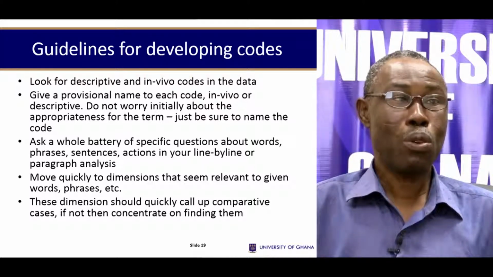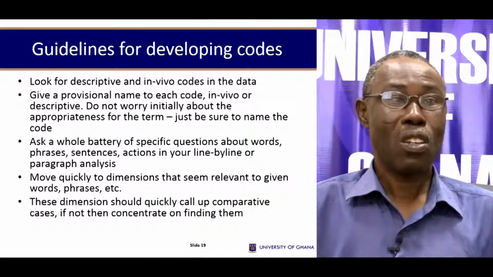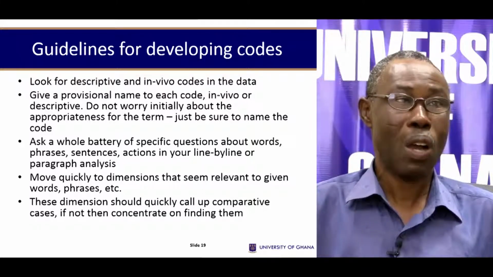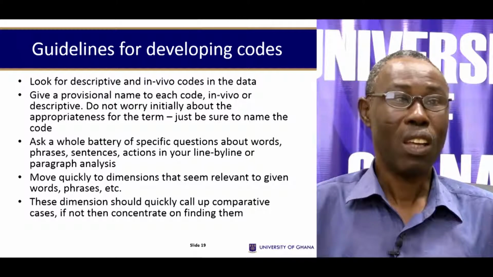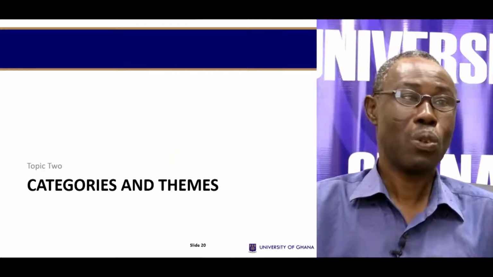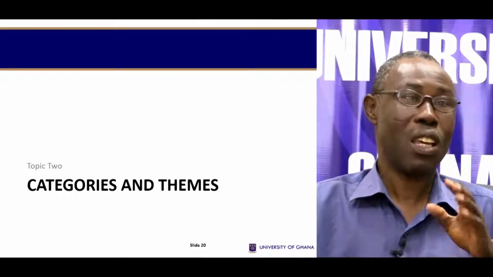You should also note that you are trying to concentrate on the key issues that the data has presented to us. And you have to make sure that these codes are provided in categories and themes.